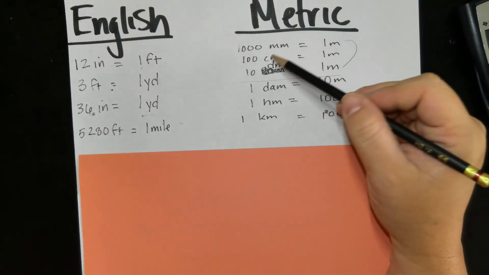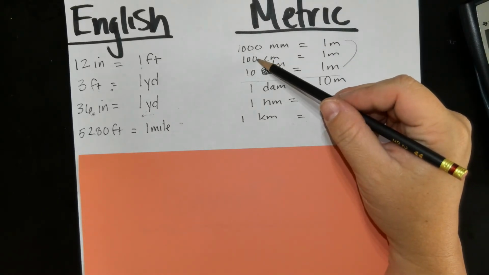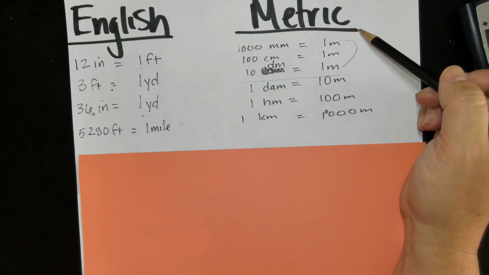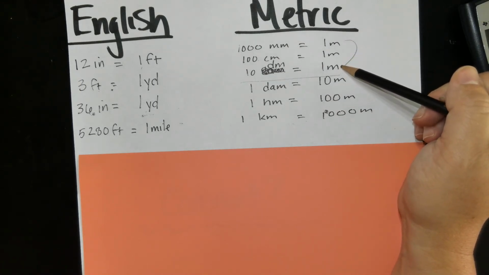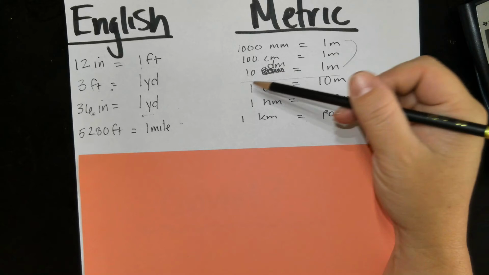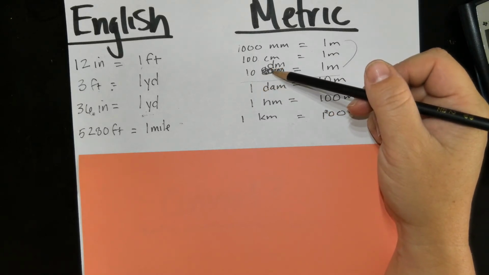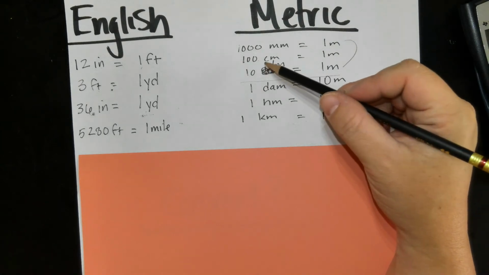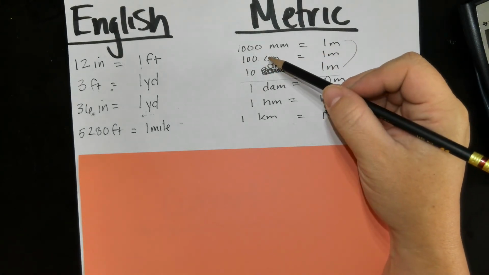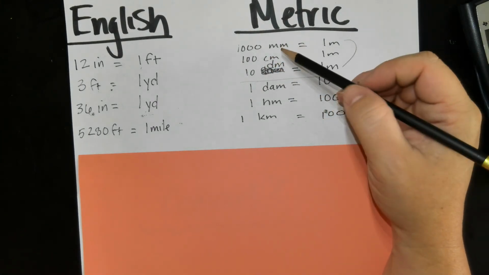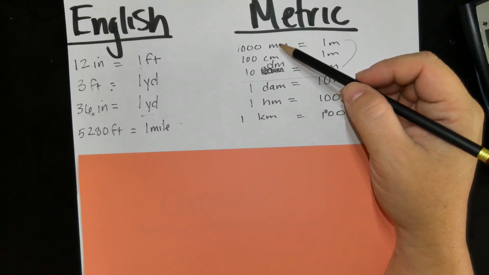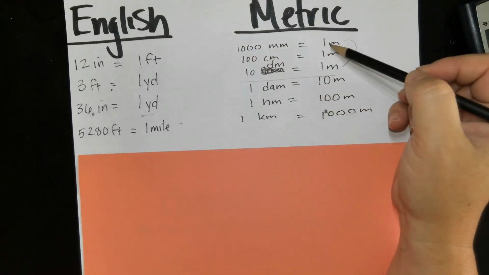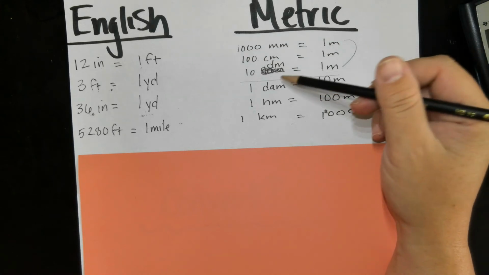For 1 meter, I have 100 centimeters. For every 1 meter, I have 10 decimeters, okay? A decimeter is 1/10 of a meter. A centimeter is 1/100th of a meter. And a millimeter is 1/1000th of a meter, okay?